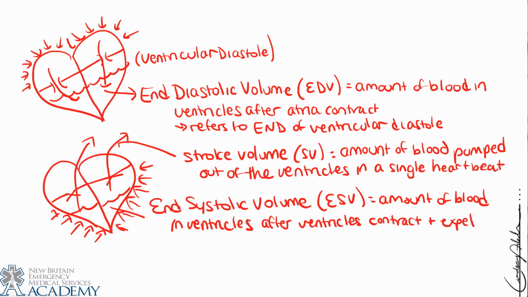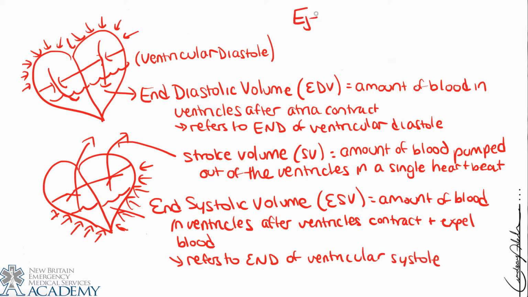And if we wanted to consider these numbers in terms of a ratio, we would consider something called an ejection fraction. And so the ejection fraction is basically the stroke volume divided by the end diastolic volume. So the amount of blood pumped out of the heart compared with the total blood that was available in the ventricles to be pumped out. And so ejection fraction, as we said, is not 100%.